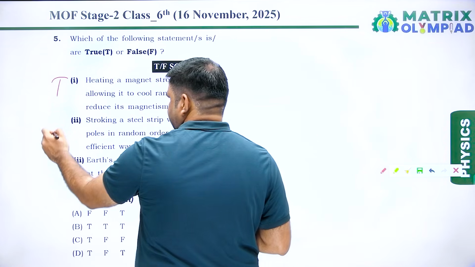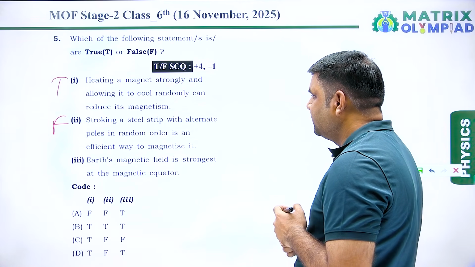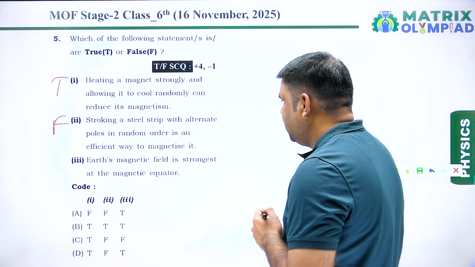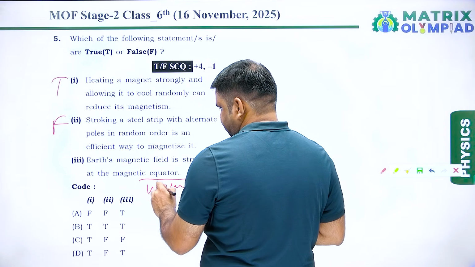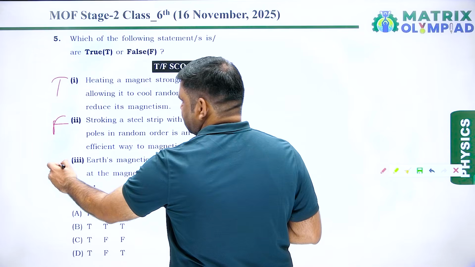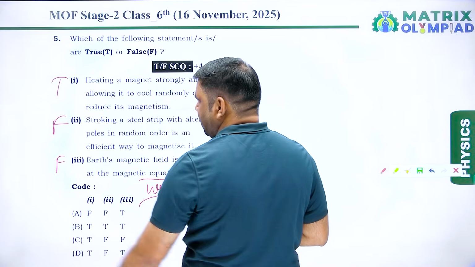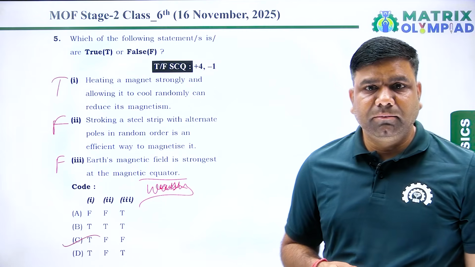No, that is false. Earth's magnetic field is strongest at the magnetic equator. No, it is weakest. So our correct answer is TFF. So option C will be the correct answer for question number 5.